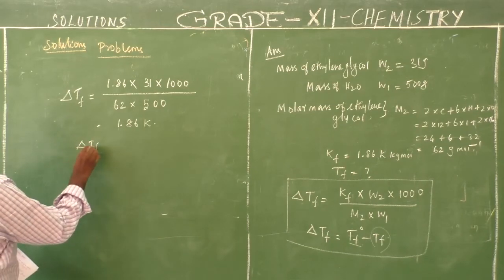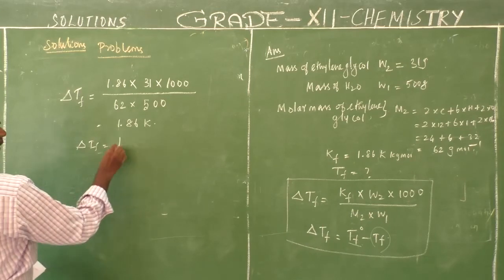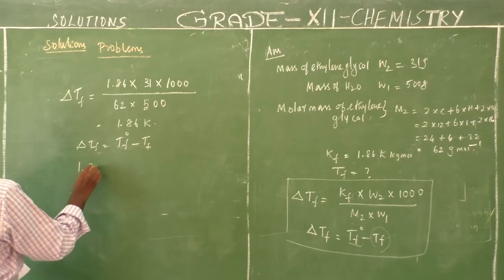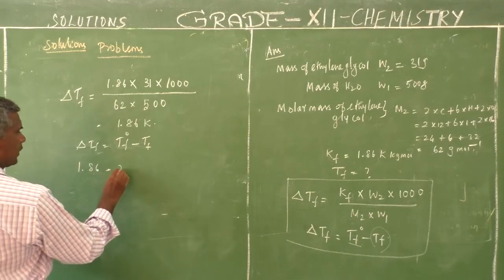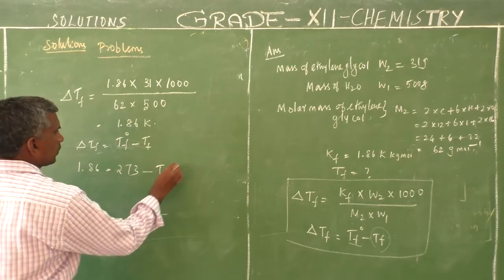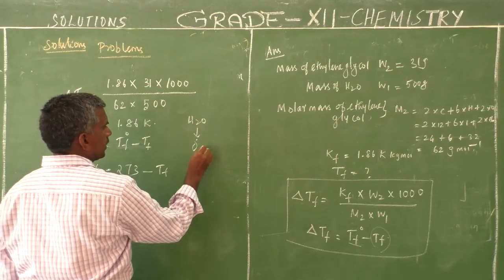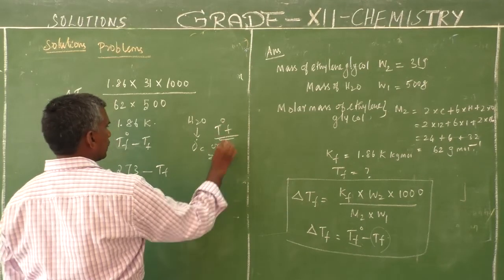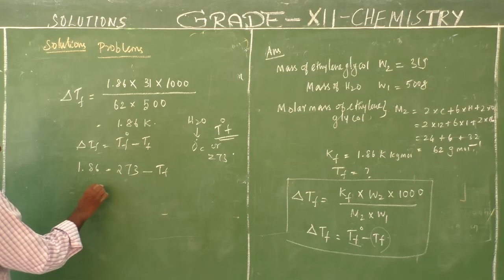Delta Tf is equal to Tf0 minus Tf. For the pure solvent, the freezing point of water is 0 degree centigrade or 273 K. So 273 minus Tf equals 1.86, and we want Tf.